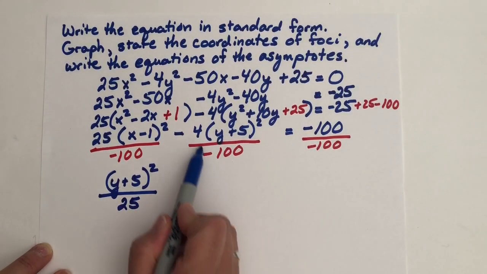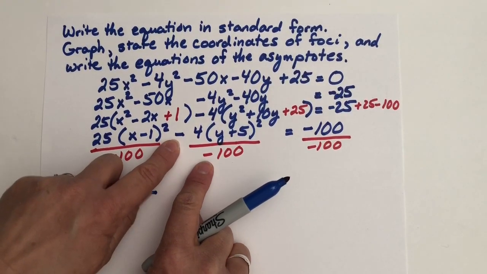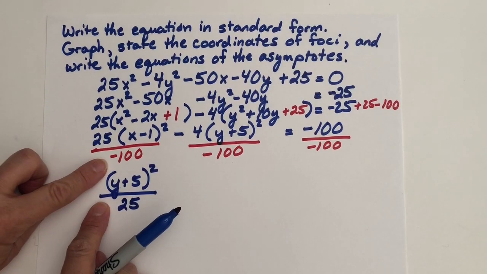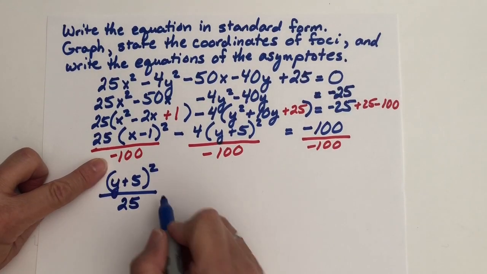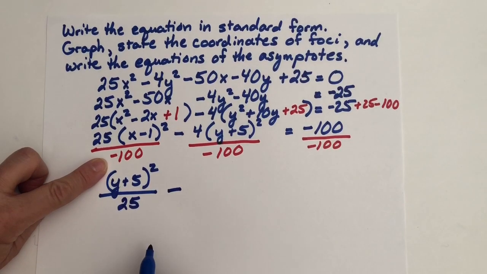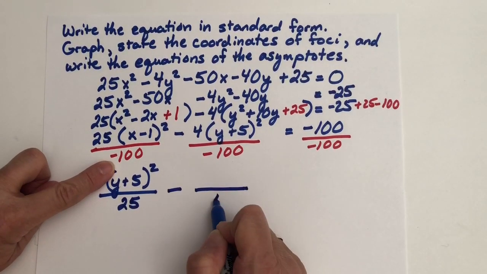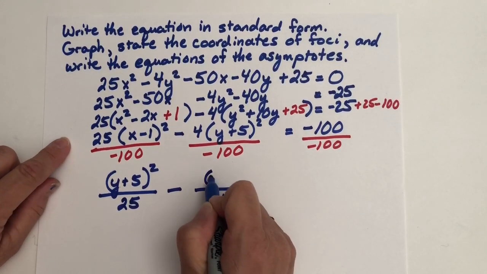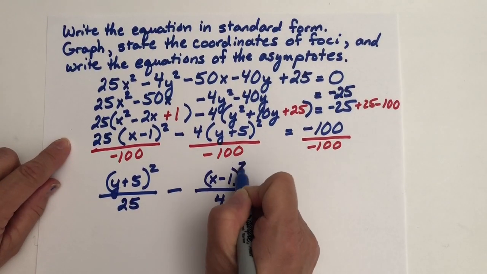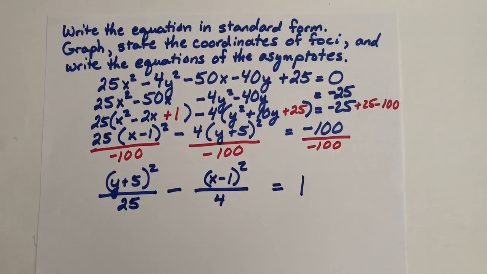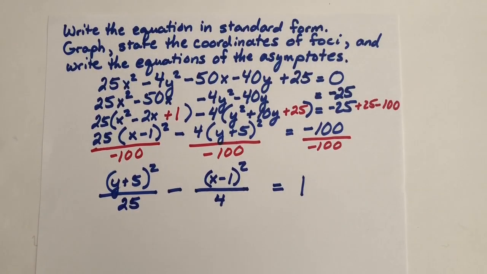So those two negatives canceled, and we ended up with a positive. Now this term is next, so we have this negative, that becomes our minus. 25 goes into 100 4 times, so our denominator is 4. And we have x minus 1 squared, and that equals 1. So we now have the equation of the hyperbola in standard form.